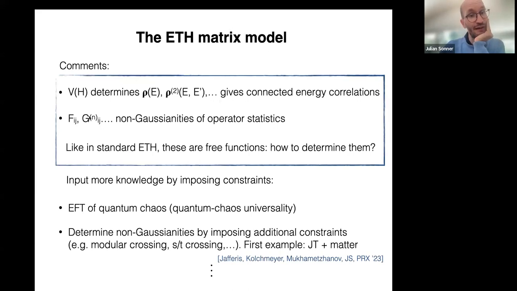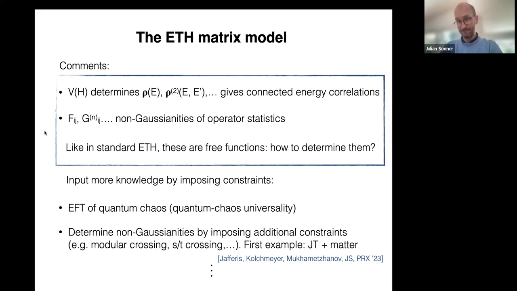The function f and this hierarchy of G_n's gives you the non-Gaussianities of operator statistics. But I already alluded to this: in the standard way of thinking about ETH, these are free functions, and the question is how to determine them. And that is a lot of where our technology goes, in interesting cases, to actually determine what they are.